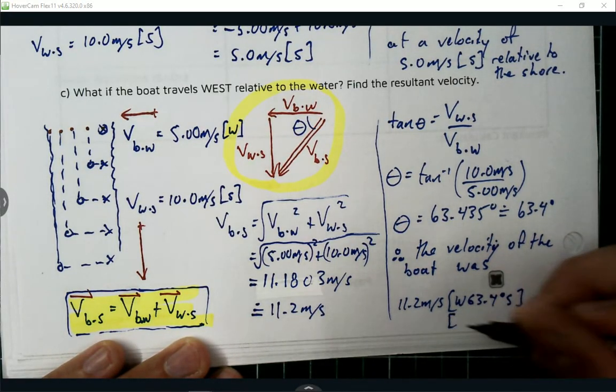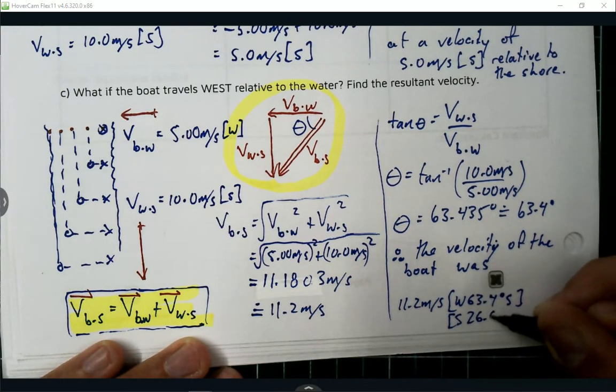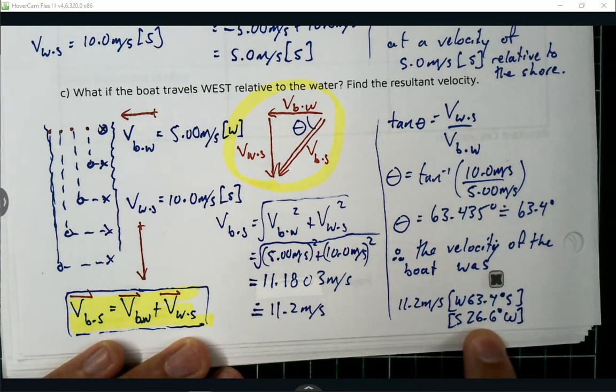Now I could also say south, dial yourself, is it 26.6 degrees? 90 minus 63.4, 26.6 degrees towards the west. And our textbook would probably go with the second one because it's the smaller of the two. Okay, but they're both equivalent, and you'd get full marks on an evaluation.